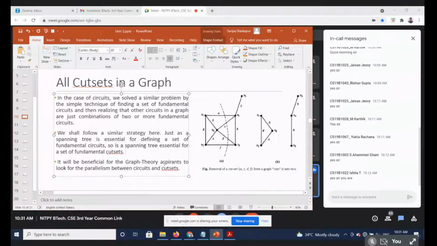What is the parallelism? In circuits, we are trying to add an edge. In cut sets, we are trying to remove an edge. Again, adding or removing an edge, with respect to the graph as well as the spanning tree, right? There is a similarity. It goes parallelly. So try to map your concepts with respect to spanning tree and fundamental circuit. Similarly, it works. The only concept is adding and removing.